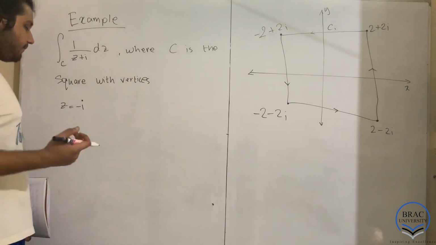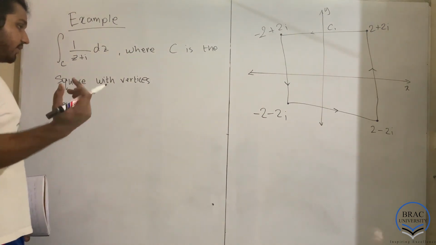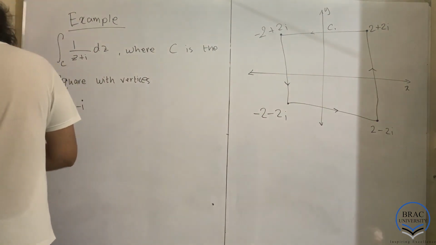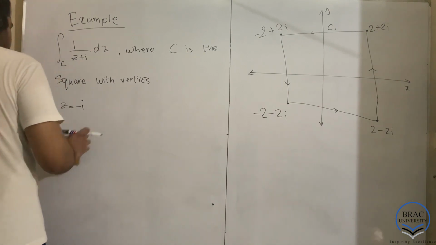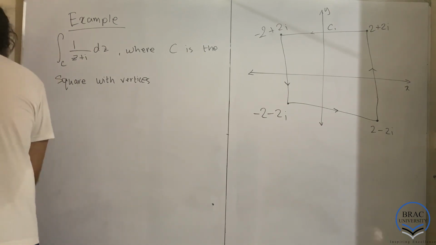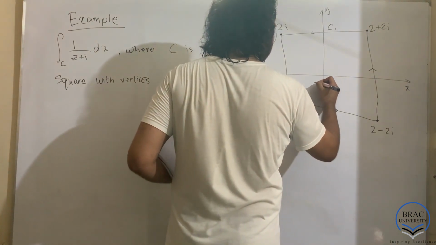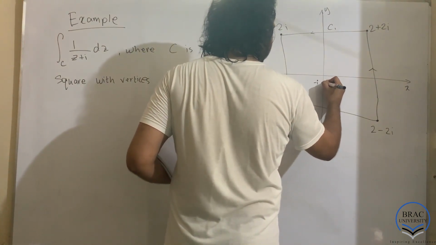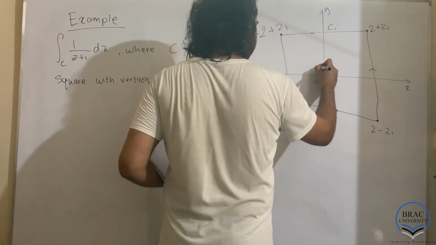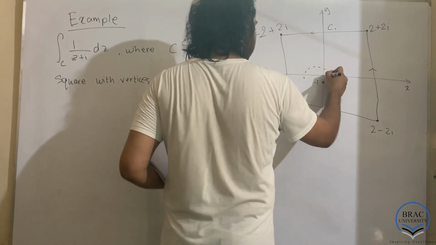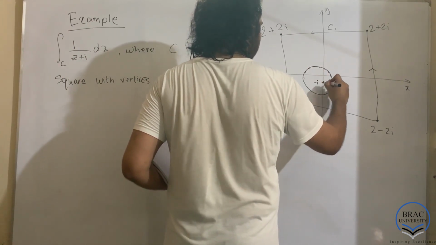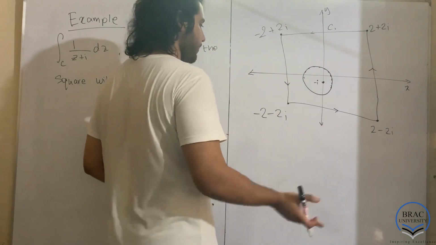A unit circle, okay? Keeping this as your origin, we make a unit circle, and this unit circle is our contour. Unit circle meaning the radius is 1.